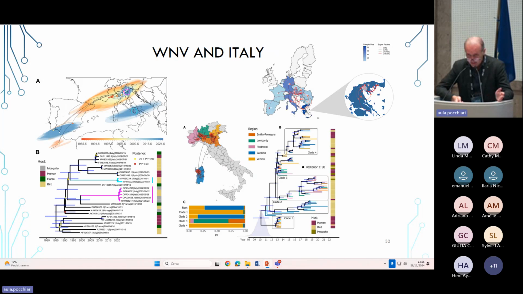And you see West Nile lineage 1 coming from the western side, and lineage 2 coming from the eastern side to Italy. But the circulation of lineage 1 and lineage 2 involves local circulation, in other words, local species of mosquitoes and resident birds.